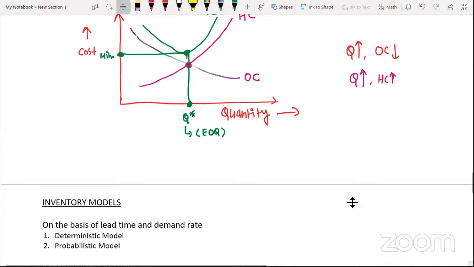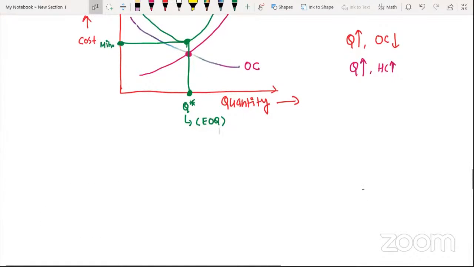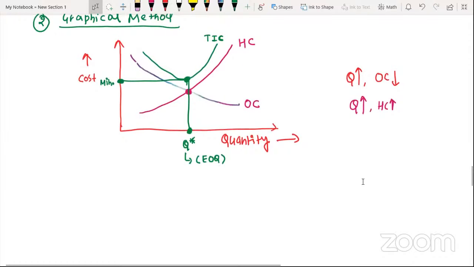First we will not talk about the cost. First we will see what the quantity should be. From the graph, ordering cost and holding cost become equal, since both curves cut at the same point. So ordering cost is D by Q into C naught, and this is Q by 2 into CH.